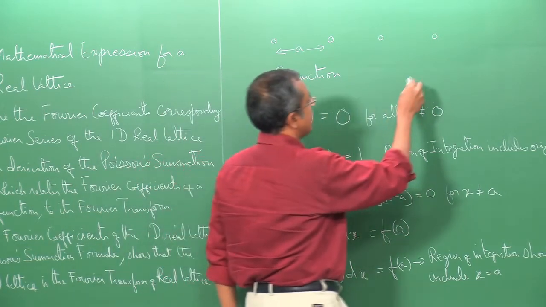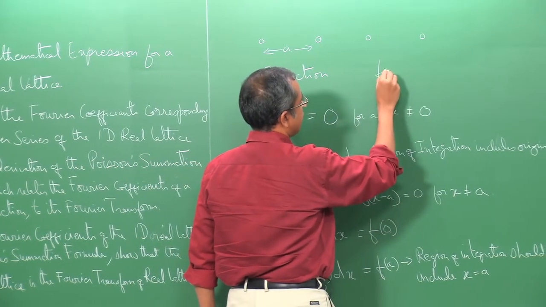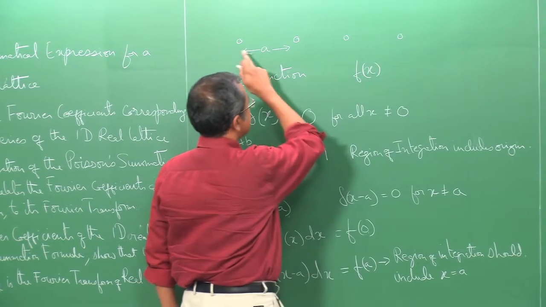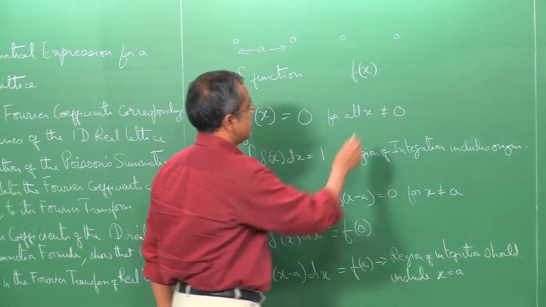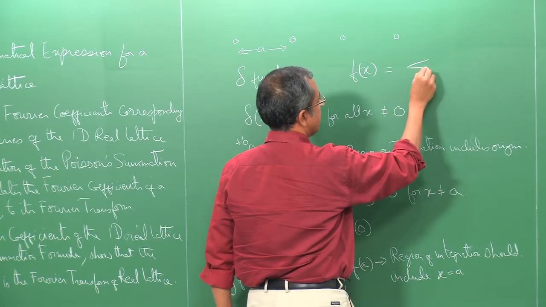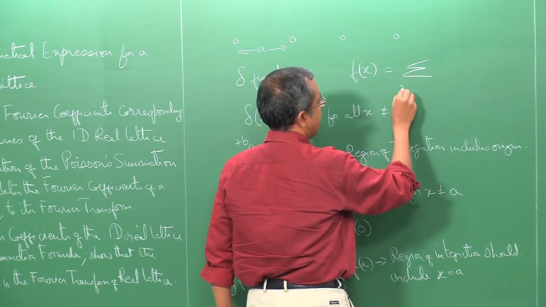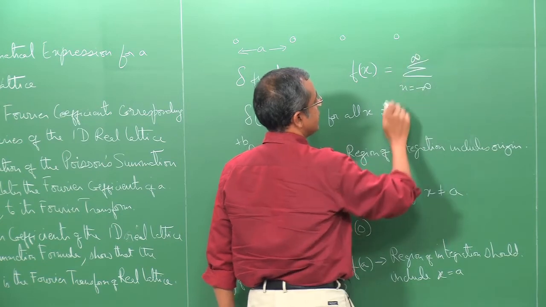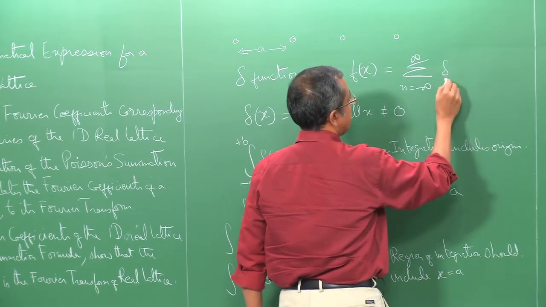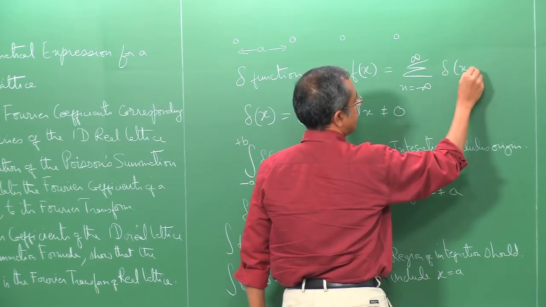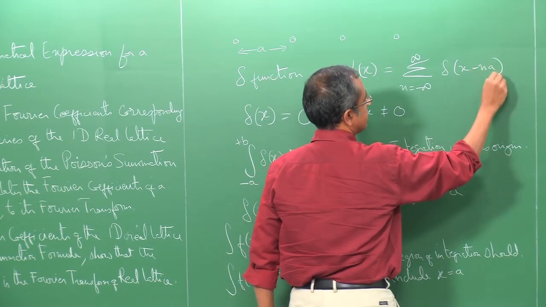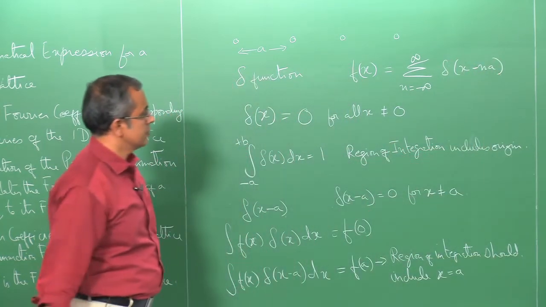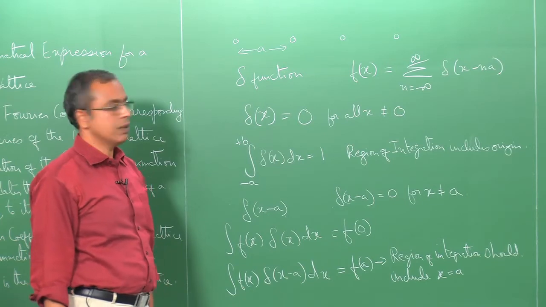So, therefore, the function f of x, which will represent this 1D lattice, is basically simply going to be a sum of n going from minus infinity to plus infinity of delta of x minus na. Okay.